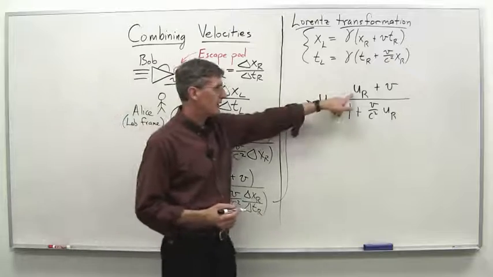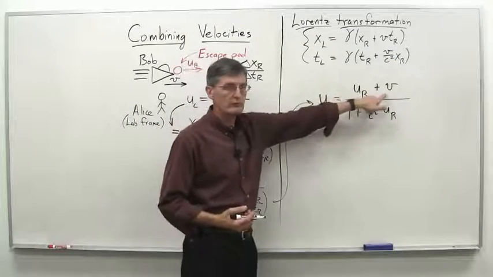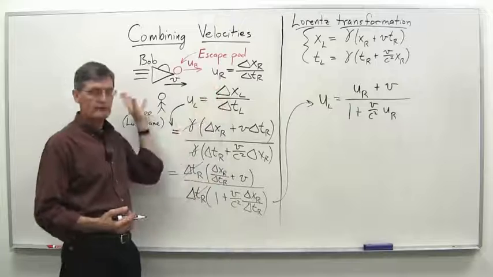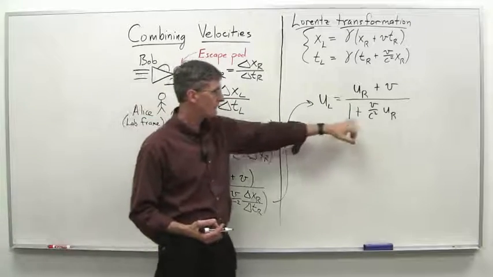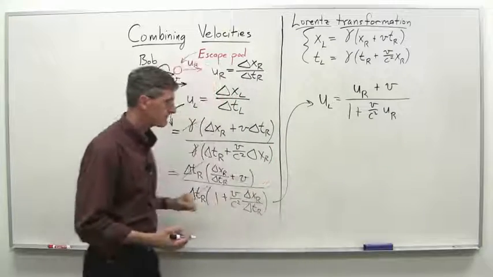It's going to be the velocity that Bob measures plus the velocity, the difference in velocity between the two reference frames. And then on the bottom, 1 plus v over c squared u sub r.